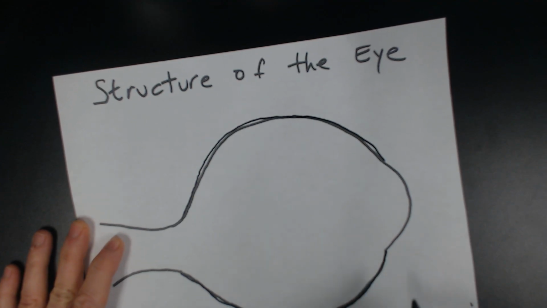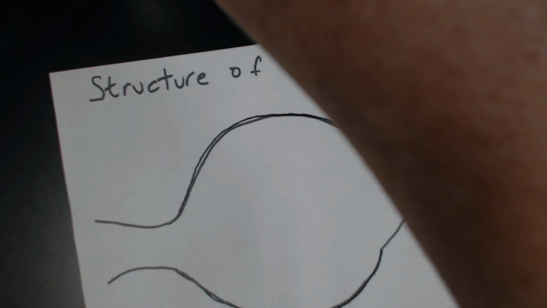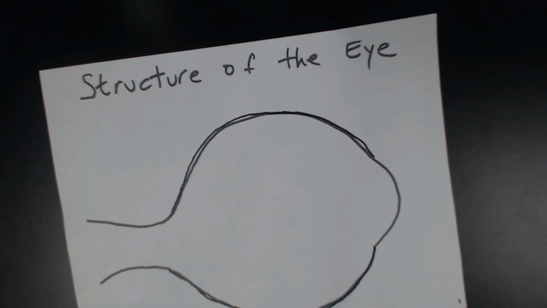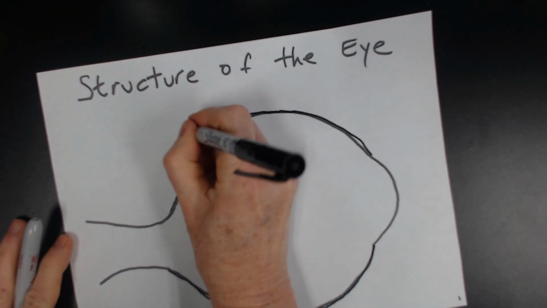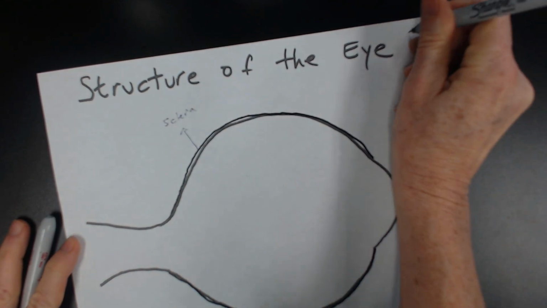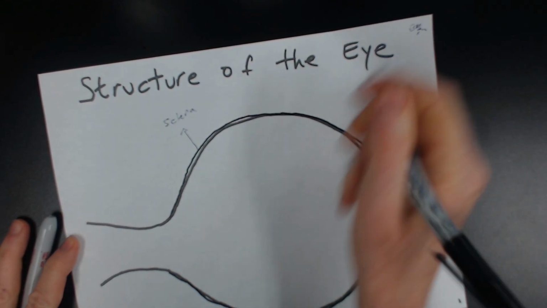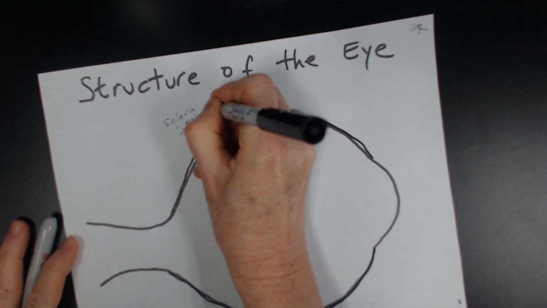Does anybody know the name for the white of the eye? Yeah, it's your sclera. Good. Okay, so what I've outlined in black here, this is going to be your sclera. And sclera is part of its protective layer.